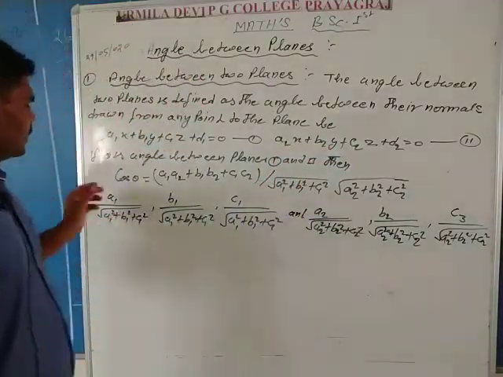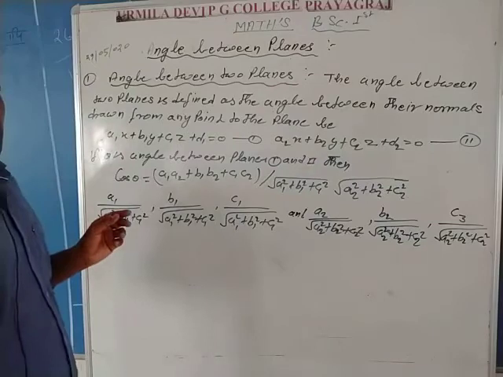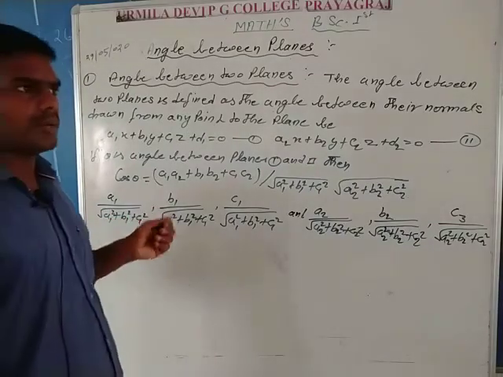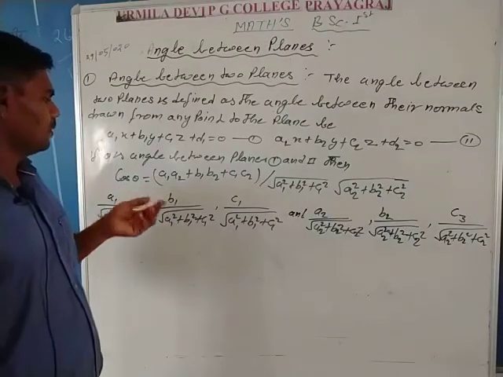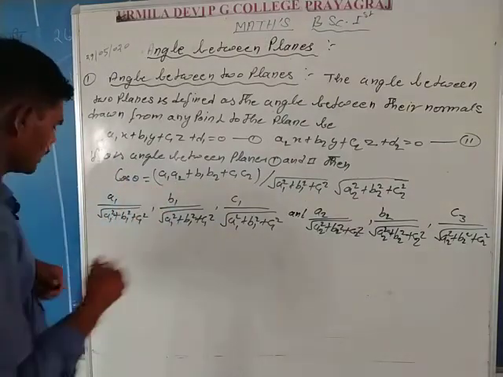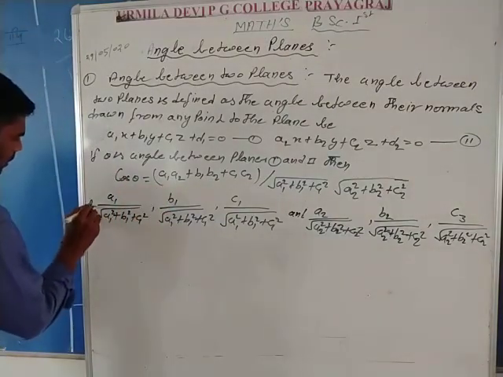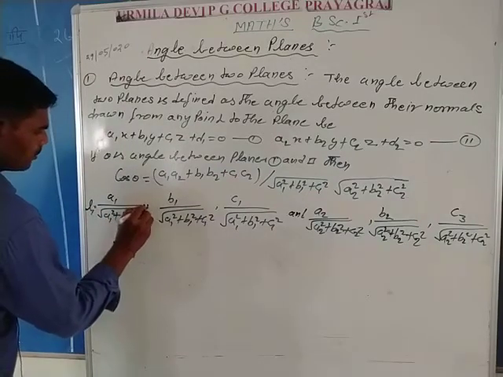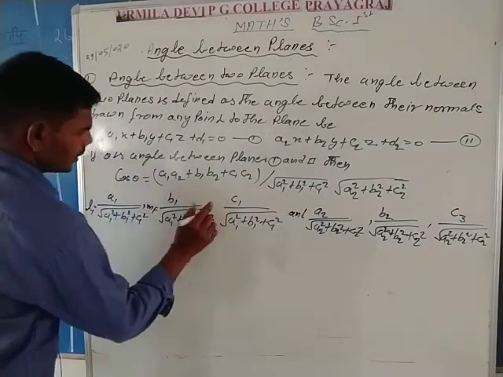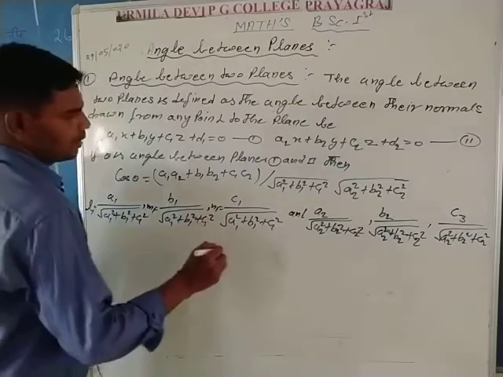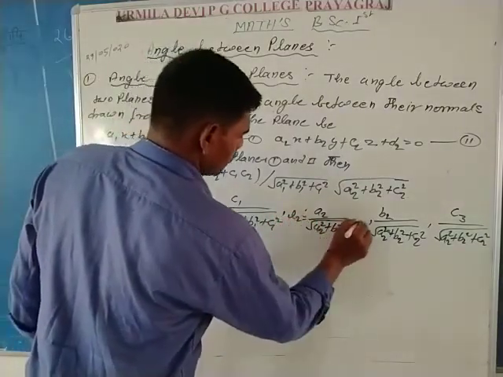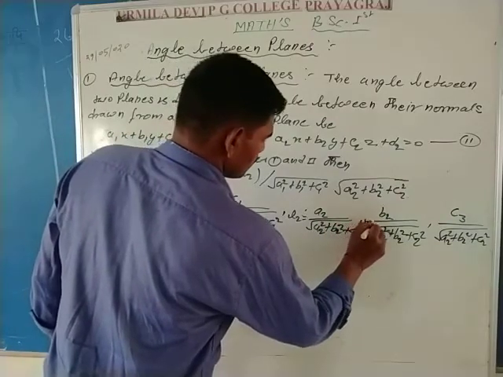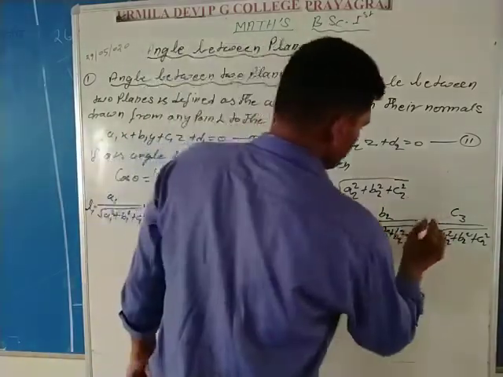Then by the definition of angle between two lines, because normals are lines, cos theta is equal to l1 l2 plus m1 m2 plus n1 n2. Here suppose the direction cosines of the first normal are l1, m1 and n1, and of the second normal are l2, m2 and n2.